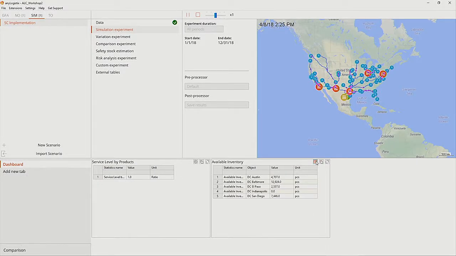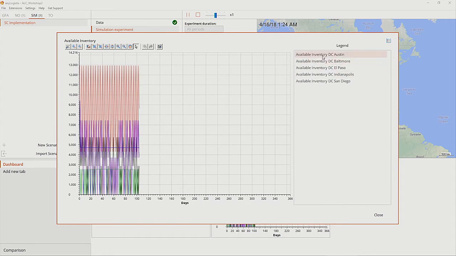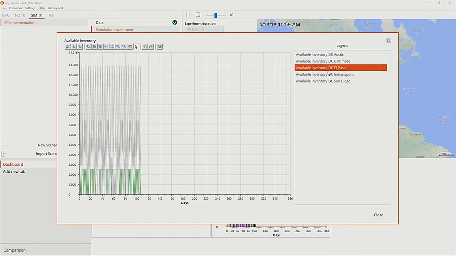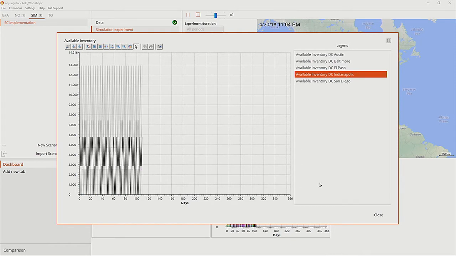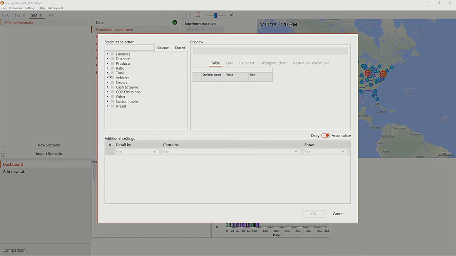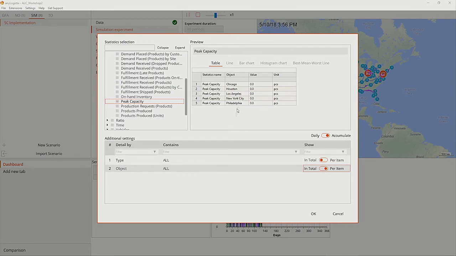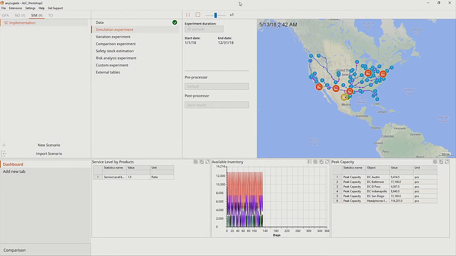I will make it a line like this. So we can see inventory dynamics on each facility. And the main question for us is, what should be the capacity of our facilities? So it also can be measured, and I will use peak capacity statistics for that. Again, I will make it per item, and here it is.